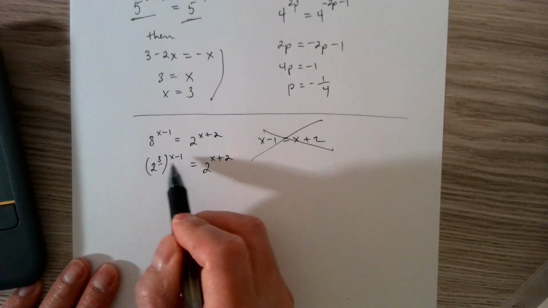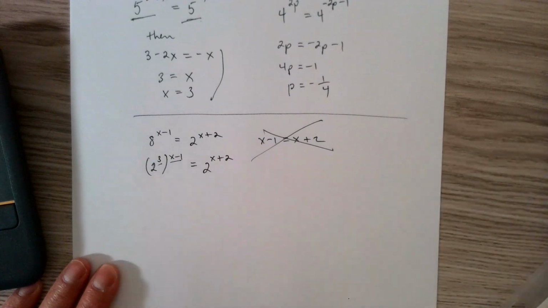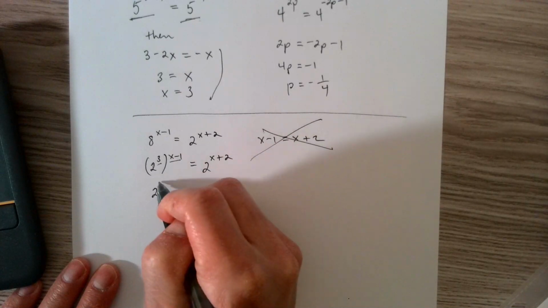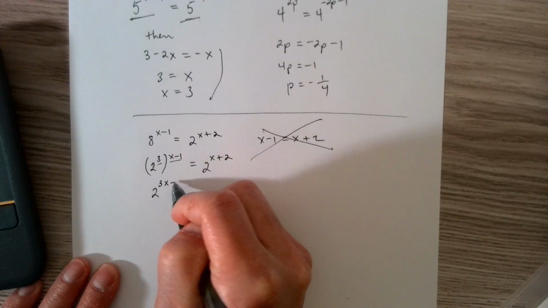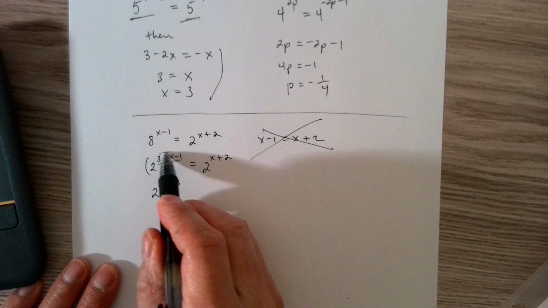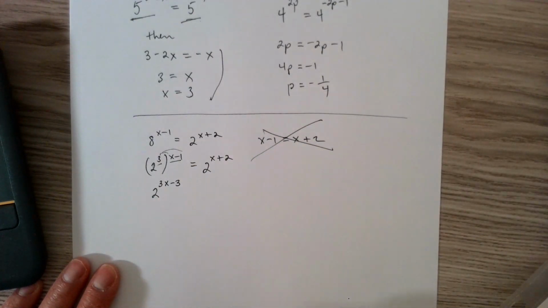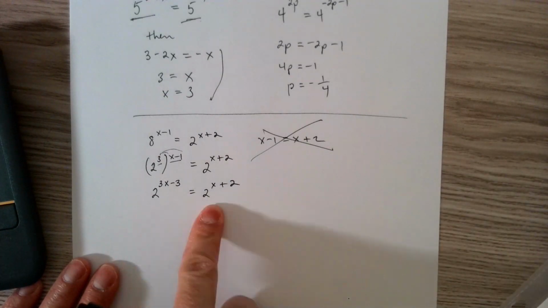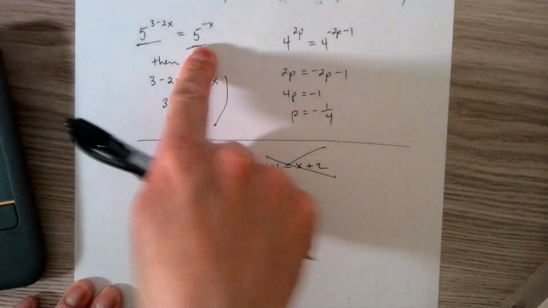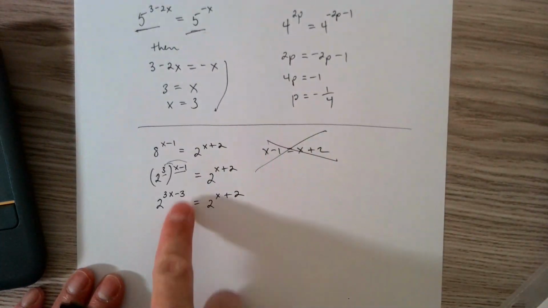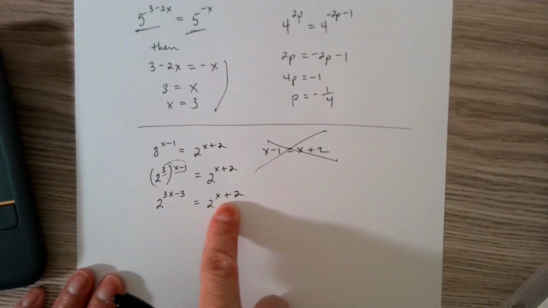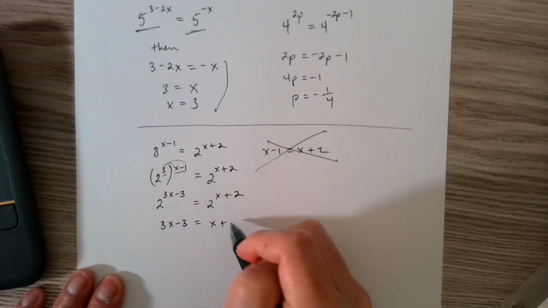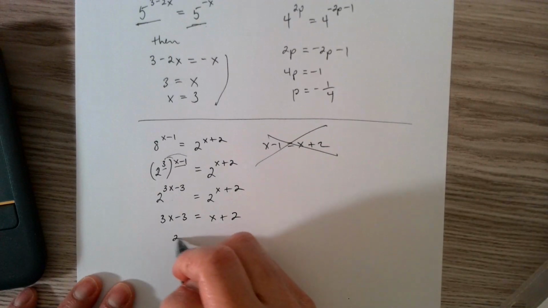So I have an exponent on the inside here and an exponent on the outside, so that allows me to use power to a power and rewrite this as 3 to the 3x minus 3, distributing that 3. Now I have the same situation I had up here and here. So now I may say that this exponent equals this exponent. And then solve.